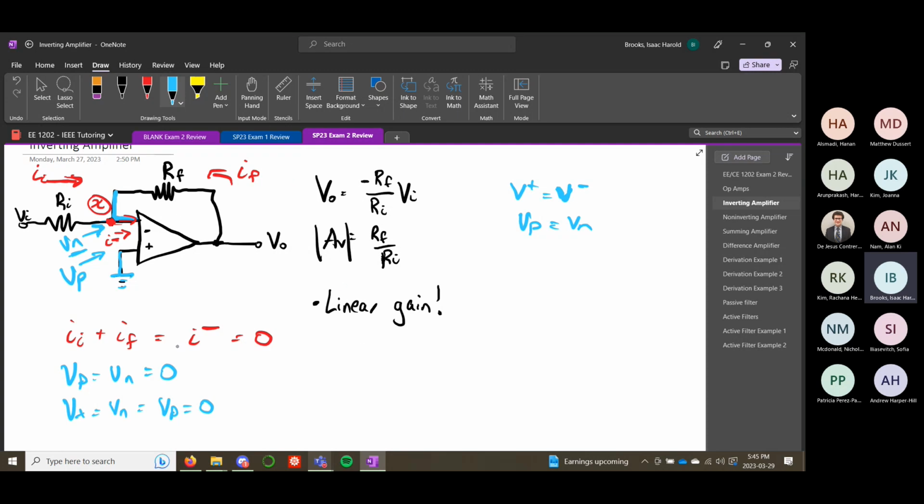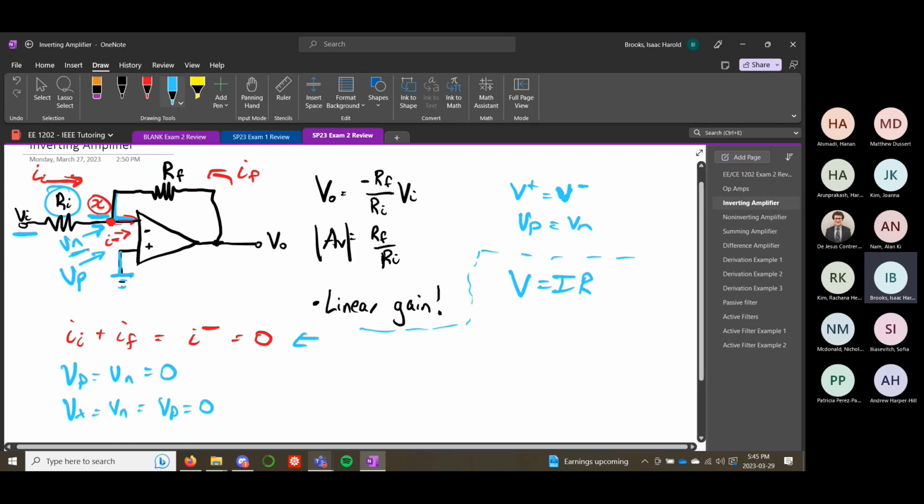So let's write this KCL equation in terms of these voltages. Remember Ohm's law is V equals IR. We'll start here. To get this current Iin, that is this voltage Vi minus Vx over the resistance Ri, right?